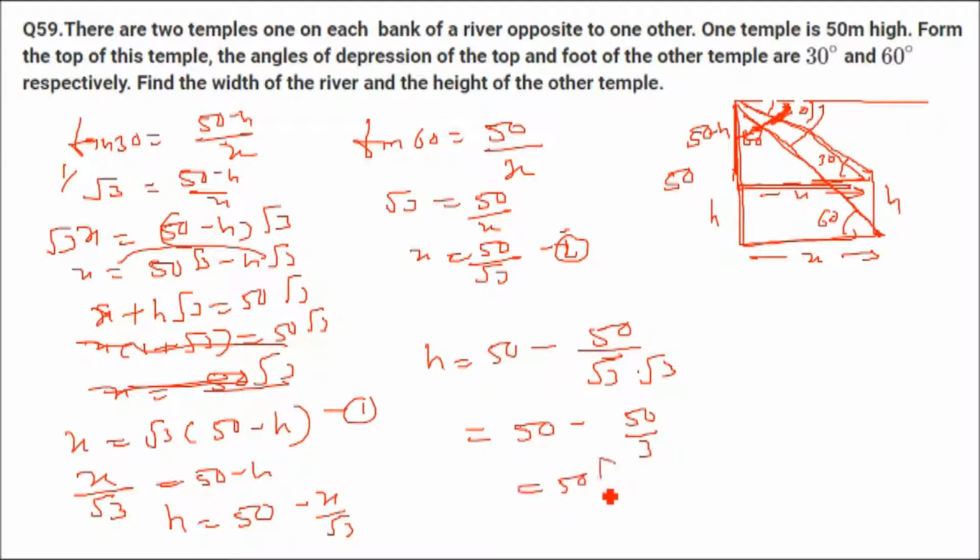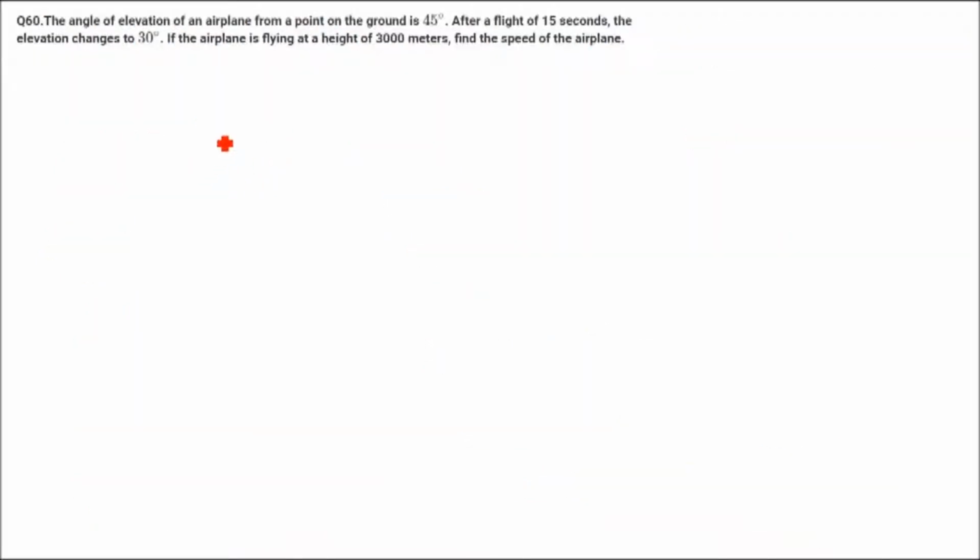So 50 minus 50 by 3. So 50 times (1 minus 1 by 3), that is 50 into (3 minus 1) by 3, which is 2 by 3. So this is 100 by 3. This is the answer. The height is 100 by 3 and x is 50 by root 3.